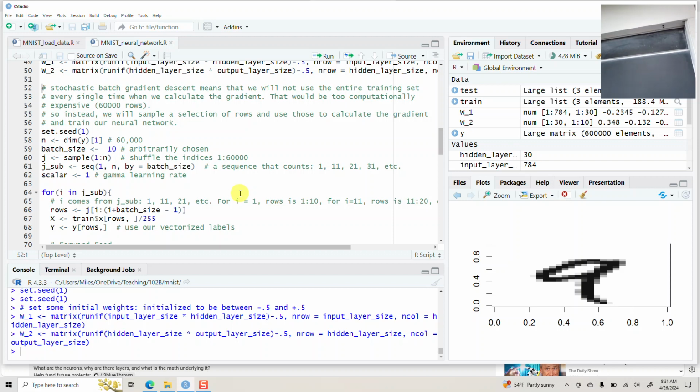Remember, when you calculate the gradient, it ends up being kind of just like a large sum, right? So you can imagine each row, the output ends up being 1 by 10. Here, our gradient with respect to the first weight matrix is 784 by 30, right?